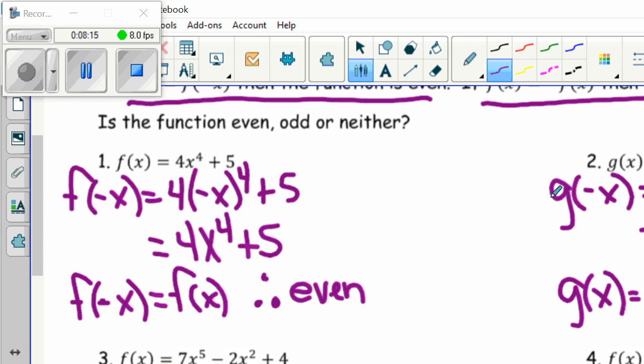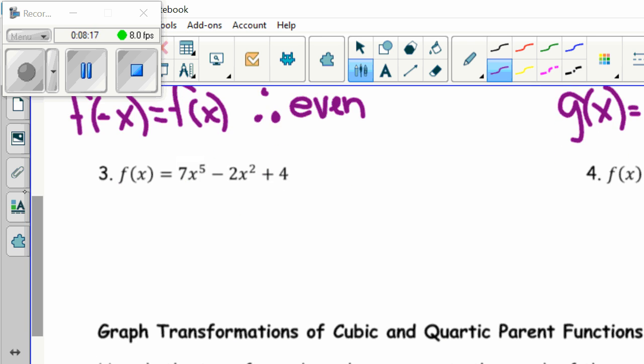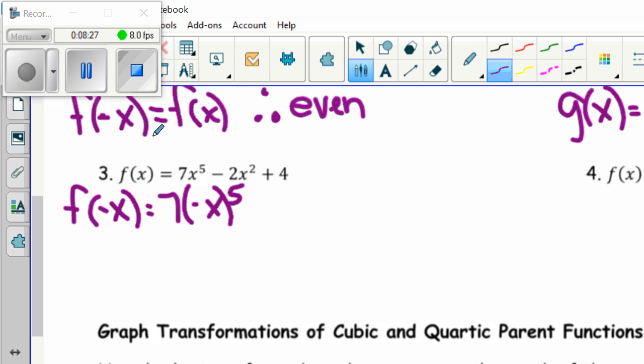Okay, number 3. f of x equals 7x to the 5th minus 2x squared plus 4. Again, we always start out, we plug in negative x. So 7 times negative x to the 5th minus 2 times negative x squared plus 4. Negative x to the 5th, a negative number raised to an odd exponent, is negative. So I get negative 7x to the 5th.